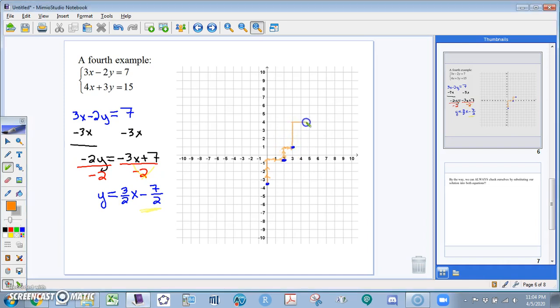Up 3 over 2 gives me a point right here. Are those all falling on one single line? Looks like they are. Let's see if I can get that line graphed. So here we go. Move it there, move it up, changing that slope, moving it. All right, you all are going to do this with a straight edge, and it's going to be so much easier.